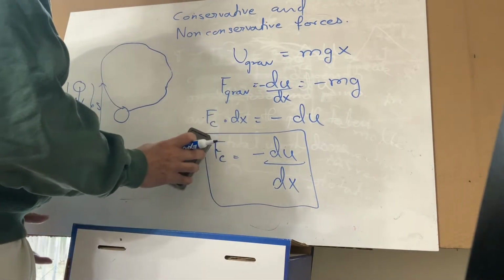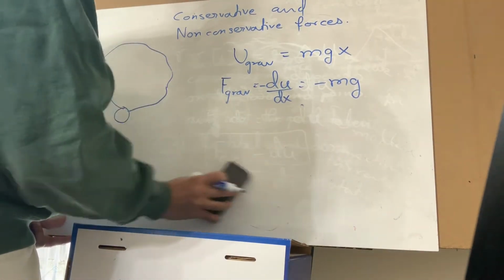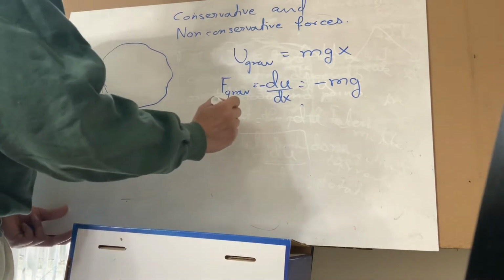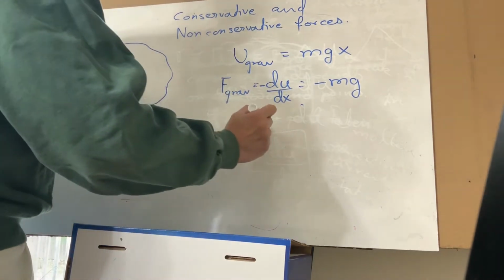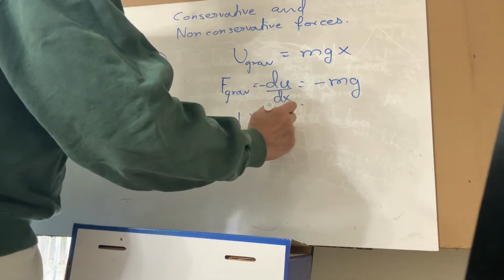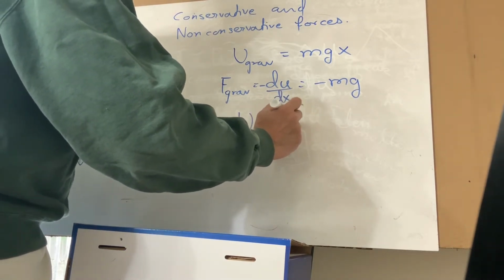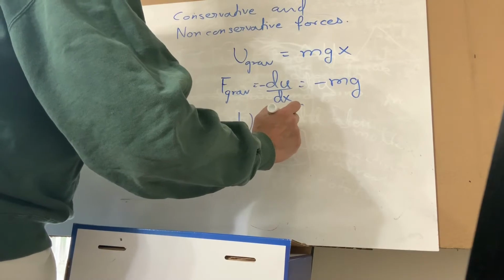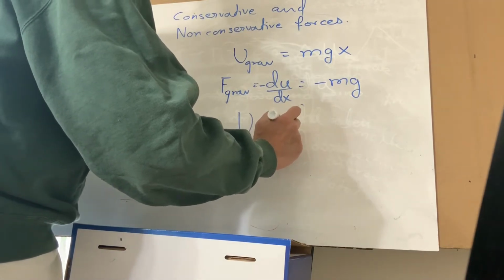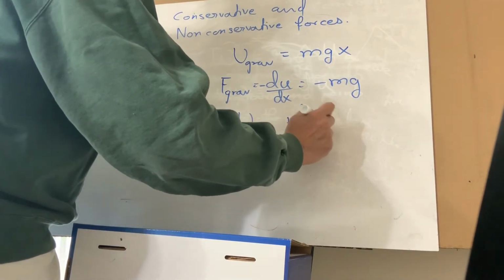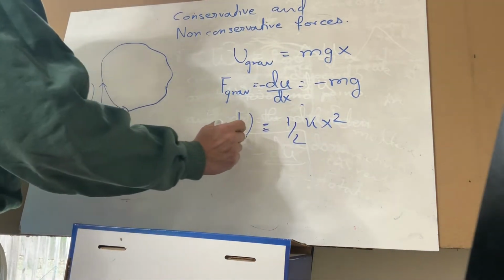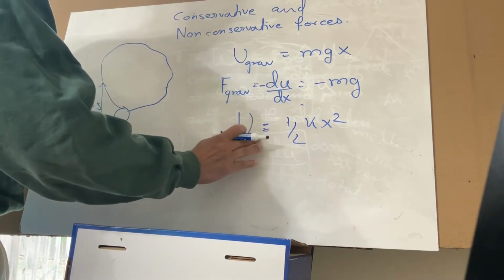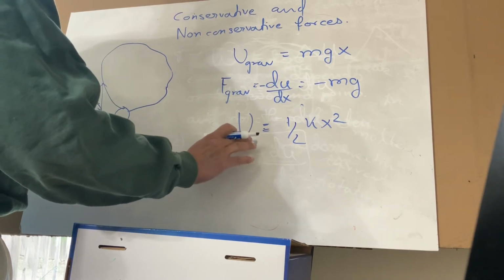Let me give you another example of this. A spring force: the potential energy due to a spring is equal to 1/2 kx squared. This is due to the spring force, or the book calls it elastic force.